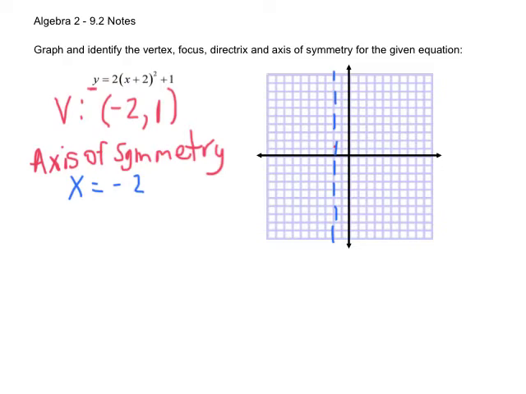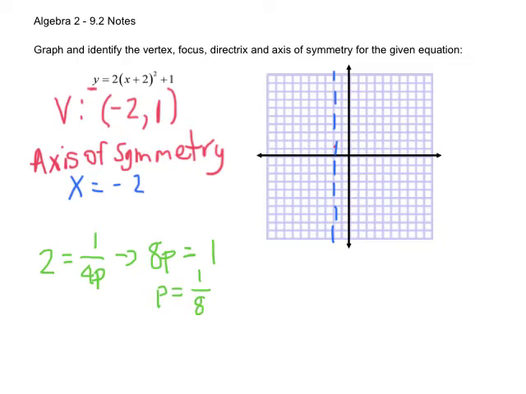So I set 2 equal to 1 over 4p, and I just solve this equation out. I have 8p equals 1. All I did was multiply both sides by 4p, and then divide both sides by 8. So I have p equals 1/8.